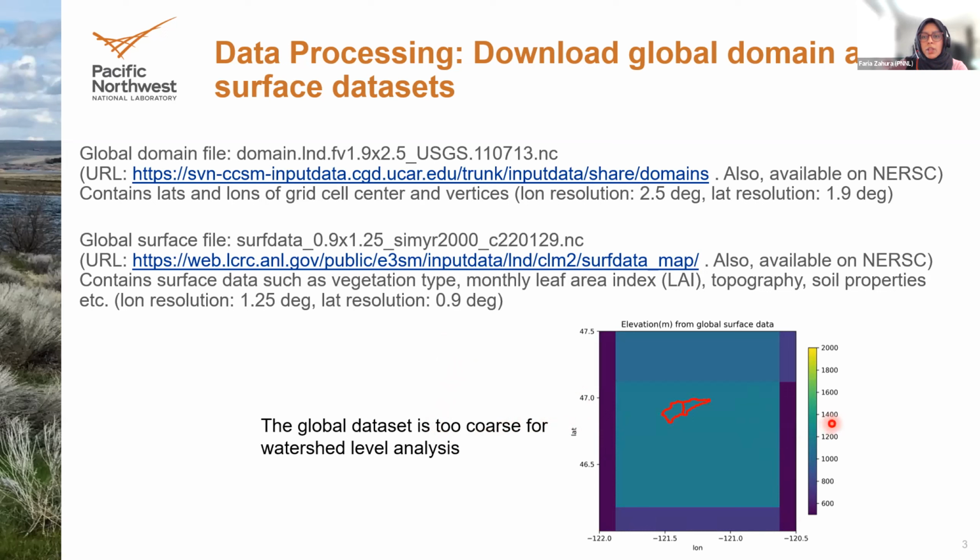As you can see in this plot, I'm showing an example of elevation from the global surface data, and you see that only one grid cell is covering this whole watershed.